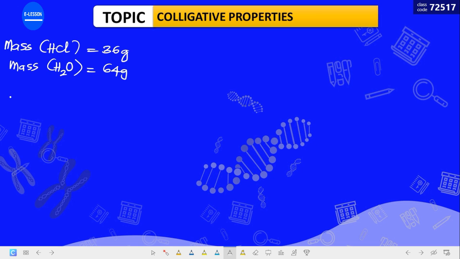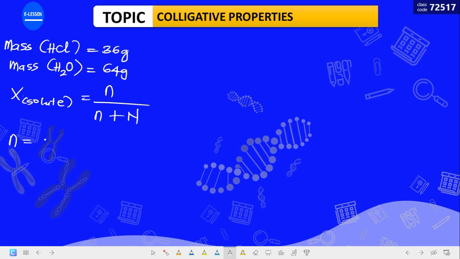Now, we said that the mole fraction of the solute is equal to the number of moles of solute all over the number of moles of solute plus the number of moles of solvent. Now let us calculate the number of moles of solute.